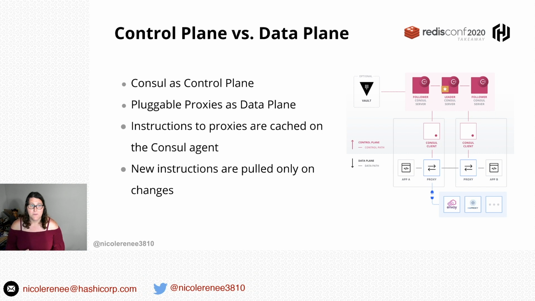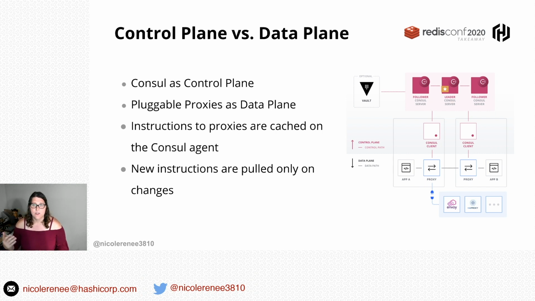And so what happens is all of your traffic that flows only goes through your data plane. Traffic between your applications never goes into your control plane. It's only through the data plane. If your control plane goes offline, your data plane is still online and still has all the instructions that it has received and is able to continue communicating, assuming no infrastructure changes happen.